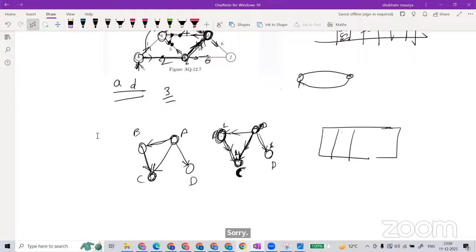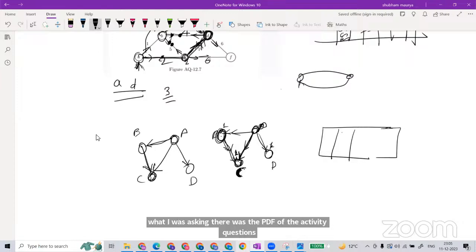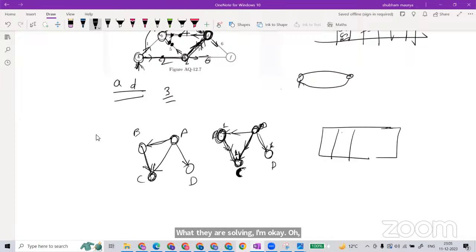Students ask their doubts to the TAs, they solve them in Jamboard, and share the link at the end of the session. That is okay, sharing the answers. But what I was asking, sir, was the PDF of the activity questions.